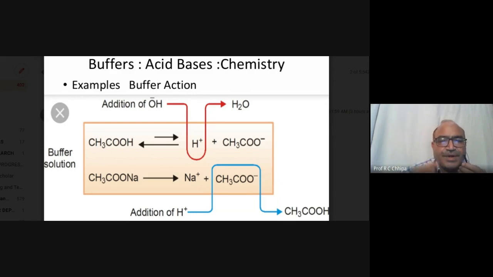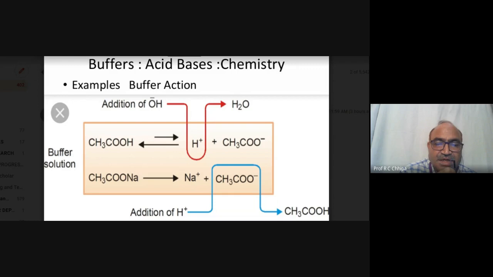In the picture, the dissociation of acetic acid is very poor, so it is a weak acid. When hydroxyl ion is added, the hydrogen ion combines with the hydroxyl ion, and that safely gives water.